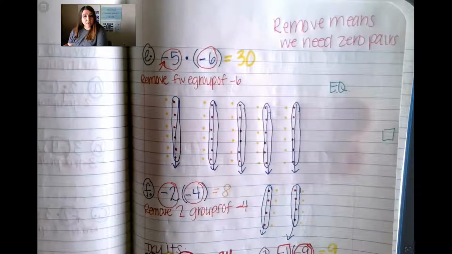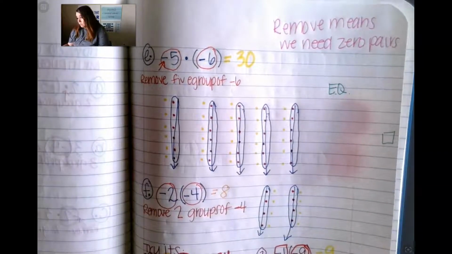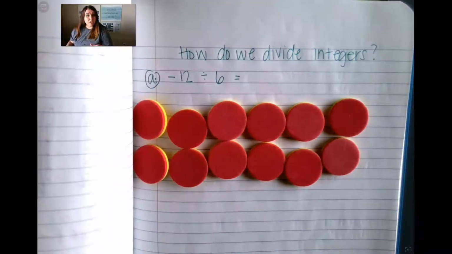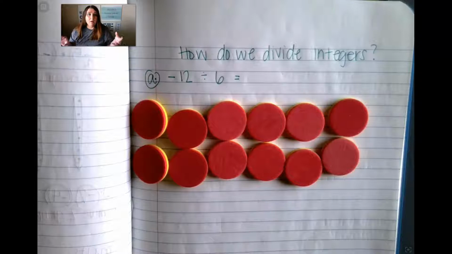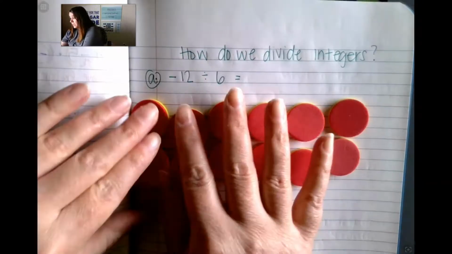We know that when we multiplied, it was like repeated addition. We're going to be looking at repeated subtraction, or breaking apart of those groups. So dividing integers is essentially splitting things up into equal groups. That's what we're going to be looking at today.